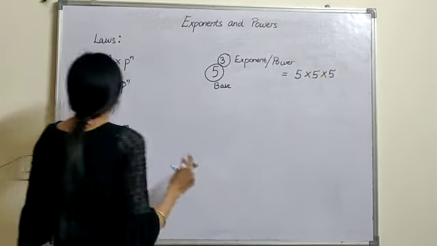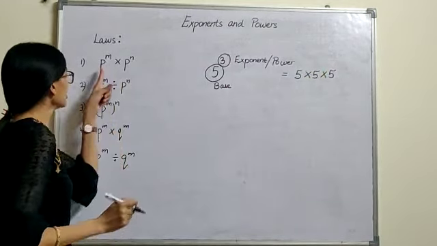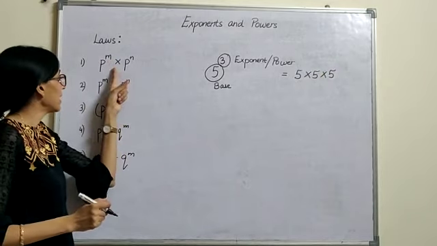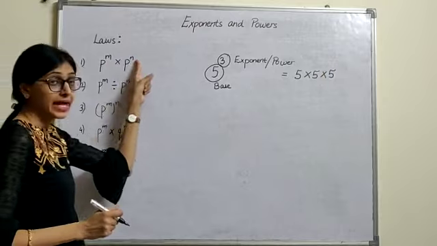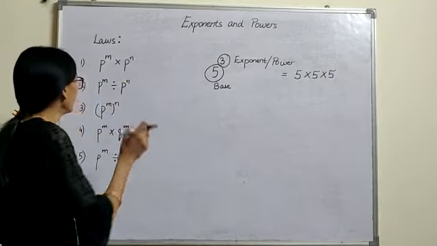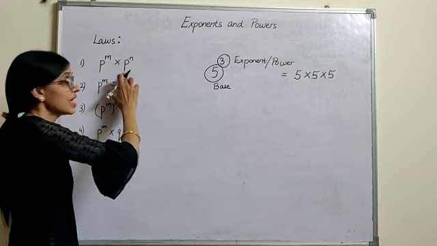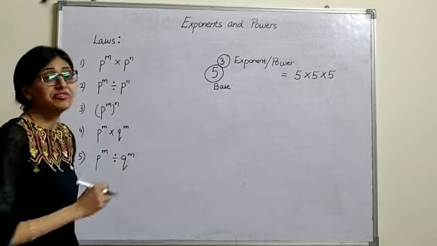Okay, now this is the first law. This law states p raised to power m multiply p raised to power n. If you see carefully, here p, the base is same and the powers are different.